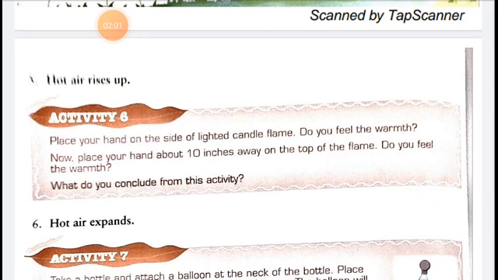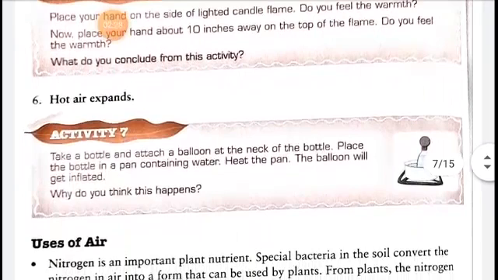Now place your hand about 10 inches away on the top of the flame. Now this time you will feel that hot air is coming up and in your hand you will feel hot air. This activity proves that hot air rises up.